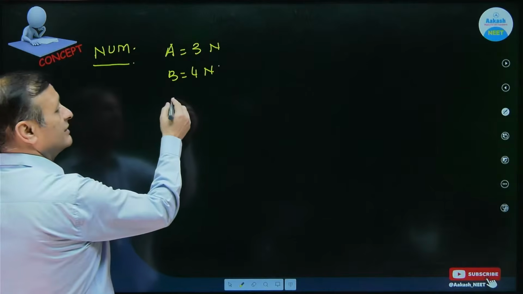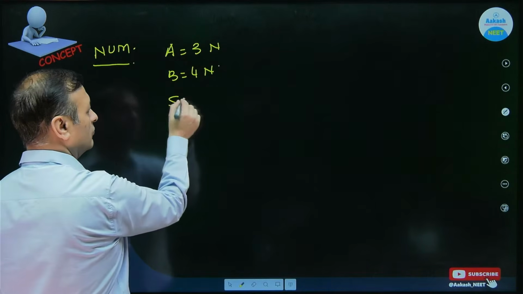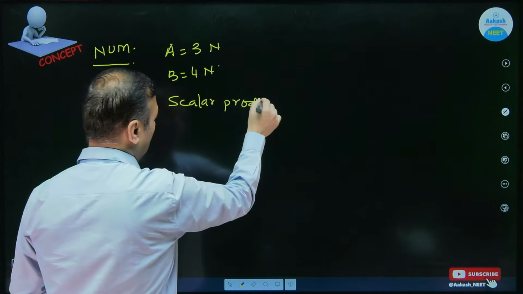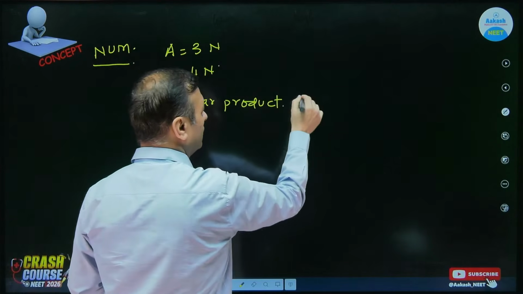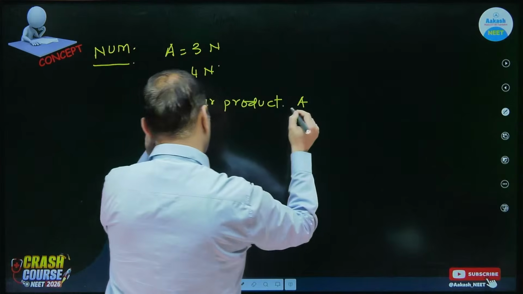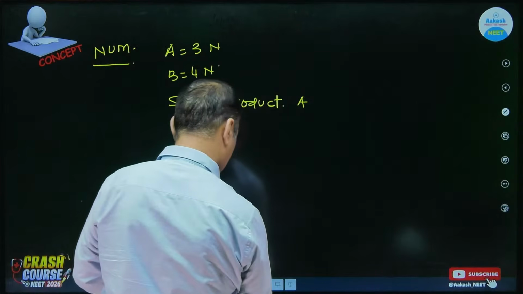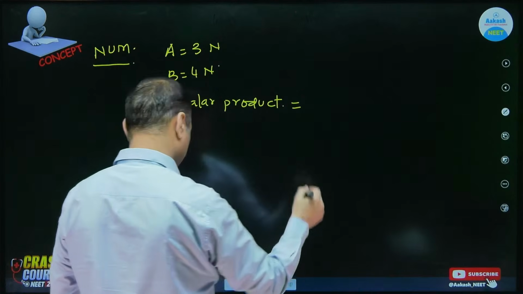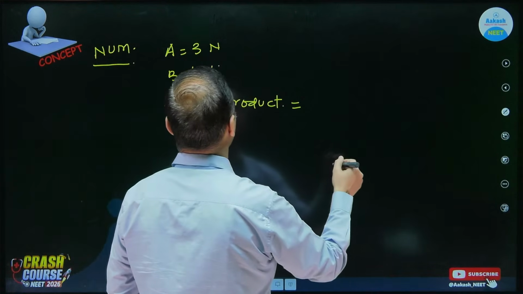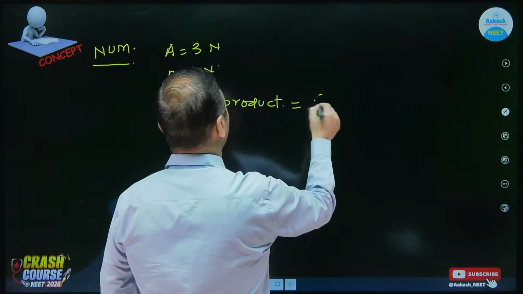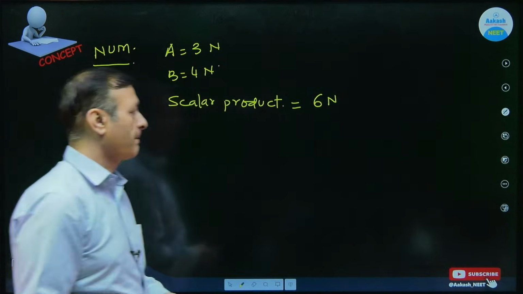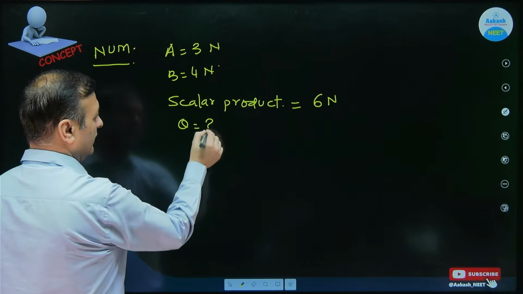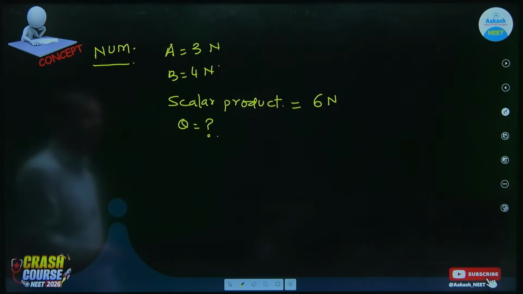And their scalar product, let's suppose we put it as maybe 6 Newton. Then we have to find out the angle between A and B.